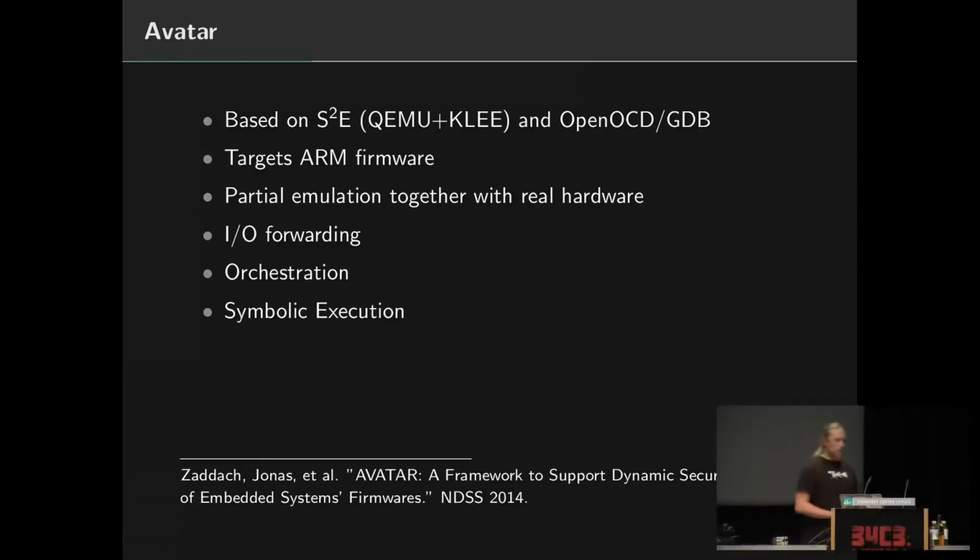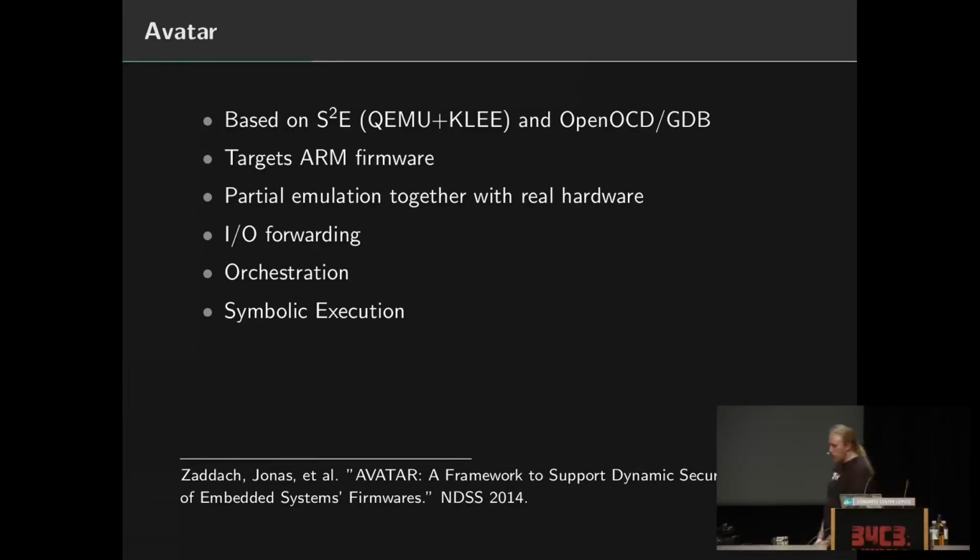Partial emulation basically means that the firmware, or parts of the firmware, are run inside the emulator, and specific hardware requests like memory mapped I/O are forwarded to the actual physical device via the connection of OpenOCD and GDB.